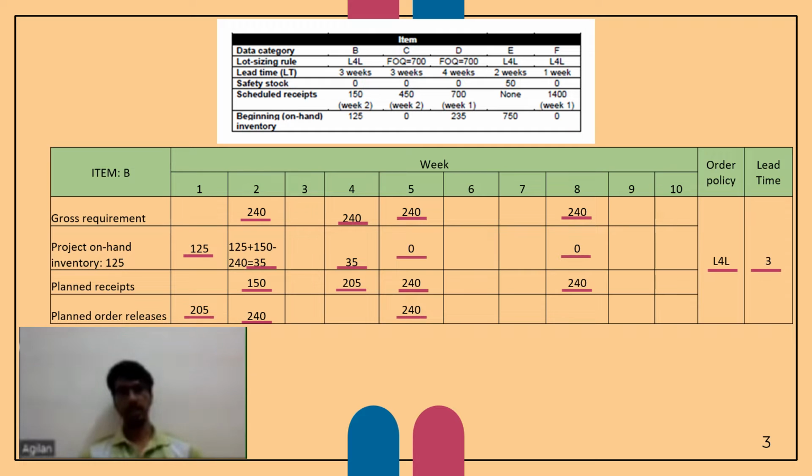And then in the 8th week, take 240 from here and use it, and the projected on-hand inventory is 0 as usual, because there was 0 before this on week 5, so it's completely 0. And then the planned receipt is 240 at the end. The order policy is lot for lot, and the lead time I've stated is 3.